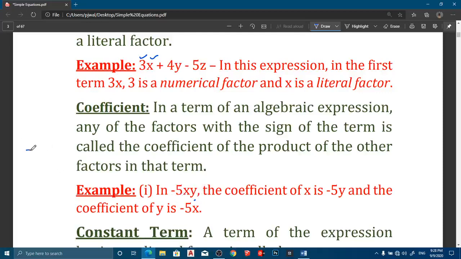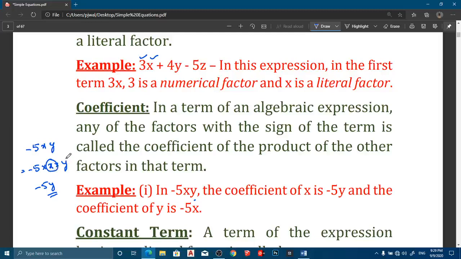Here I am writing minus 5xy; the meaning of this is minus 5 into x into y. Simply we write it as minus 5xy without reading the 'into'. Now if I take x only, the remaining factors are minus 5 into y, which is minus 5y. Minus 5y is the coefficient of x here.